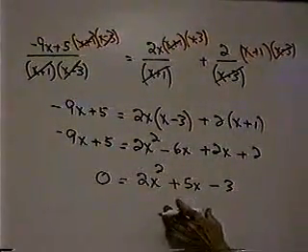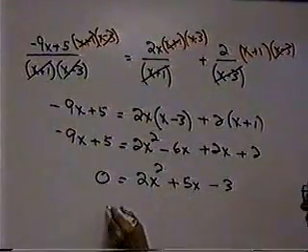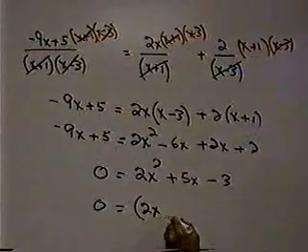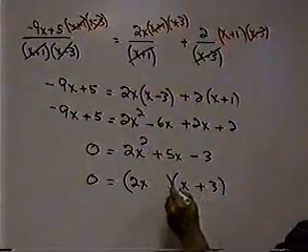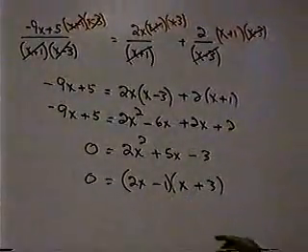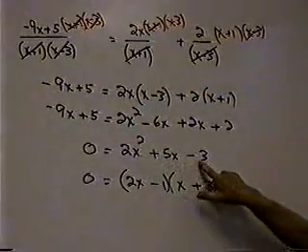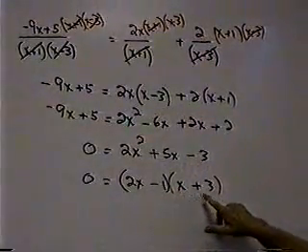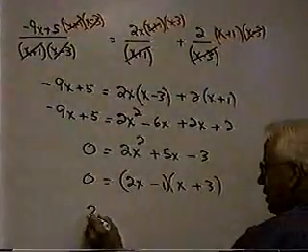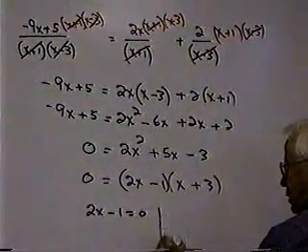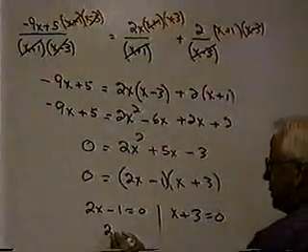Okay, how do you solve this? Quadratic formula or factor. So let's see if we can factor this. 2x and x, a plus 3, and a minus 1. So first times the first, checks. Last times the last, checks. Inside's a minus 1, plus 6 is plus 5, checks. Therefore, you set each factor equal to 0 and solve for x.